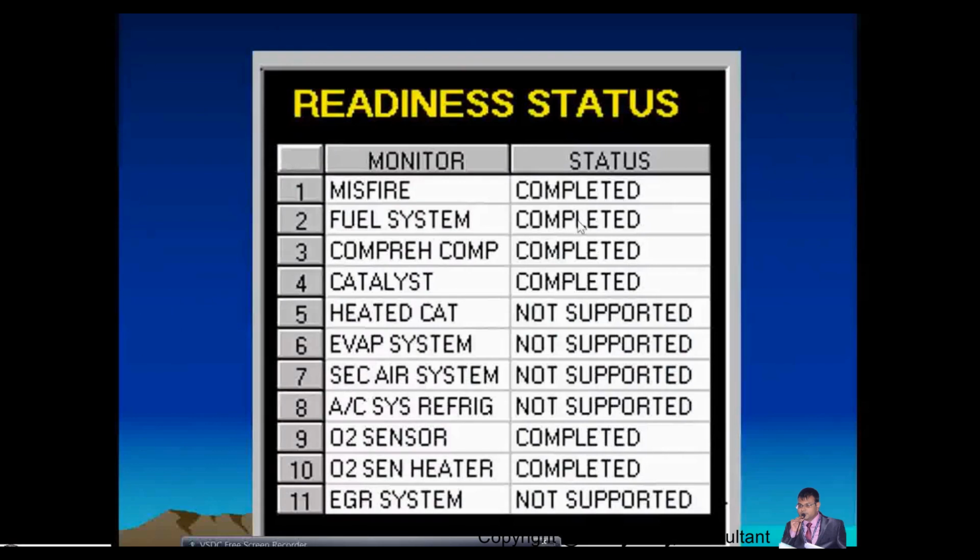To perform, the catalyst needs the temperature to reach a particular level. If the temperature is not reaching that level, you will get an indication with the help of the scanner tool, and corrective actions can be taken.